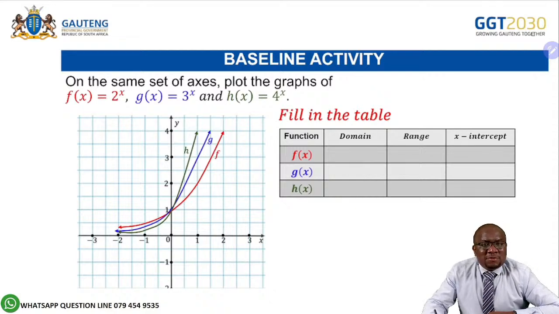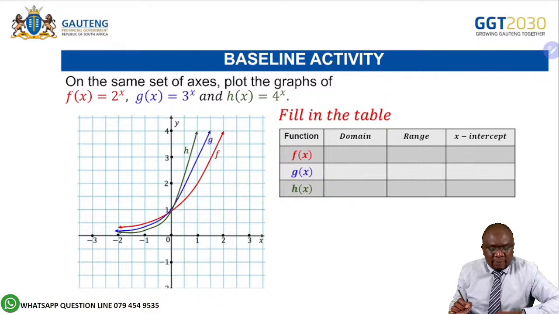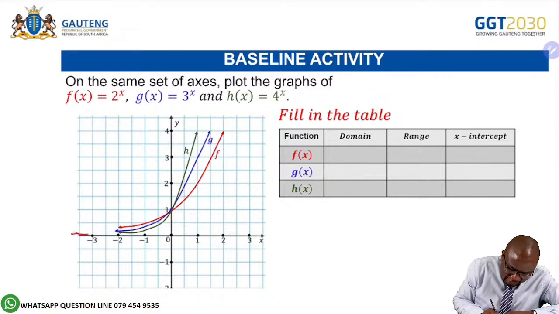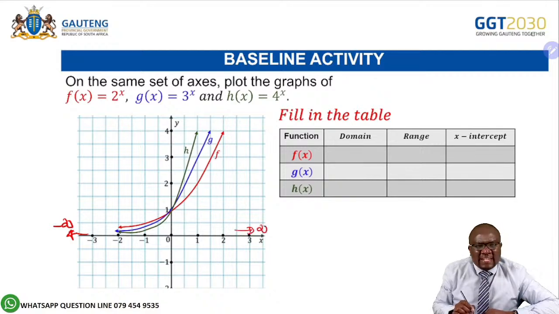Right, the domain. Do you remember the domain for this function? Is it similar to the quadratic function? Yes, it is, because x is an element of real numbers. So we're saying that all the x values from negative infinity to infinity, we can put any value.